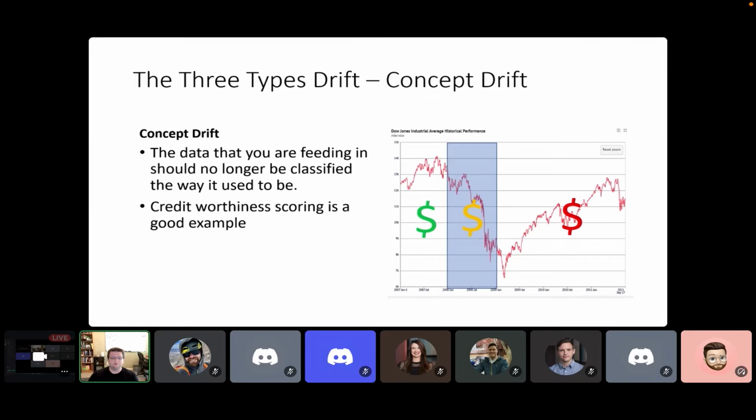Well, those models were built in a time before the recession when certain combinations of things like your debts and your assets and your income were predicting that you were a good bet for lending, right? And then in 2008, what happened is that those same values were no longer good predictions of whether or not someone could borrow and whether or not someone could pay back a particular loan or a particular credit that was being extended to them.